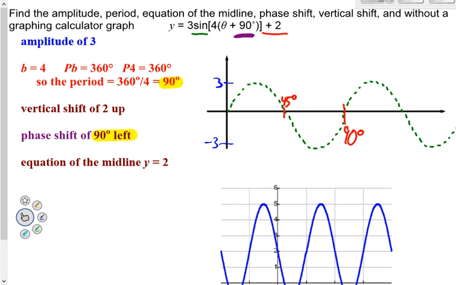So I need to go ahead and move all my key points. My key points are my zeros where I cross the x-axis, and my minimums and my maximums. And I need to move it up 2 points. 2 would be this distance here. That's how far I have to move each one of those key points up.